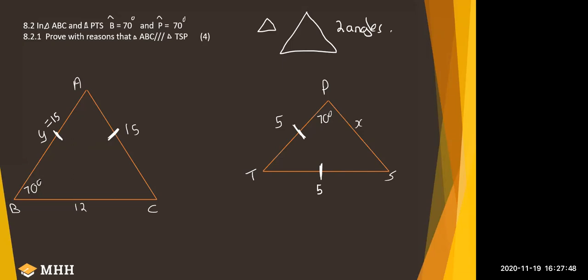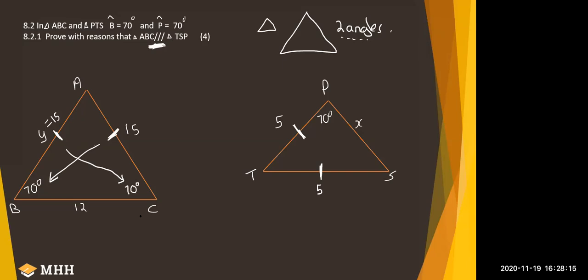But what else do I see? This one is 70, because remember now, they said we must prove that it's similar. So for similar, I must work with my angles. If I analyze this, can you see this angle opposite that side will be equal to this angle opposite that side.